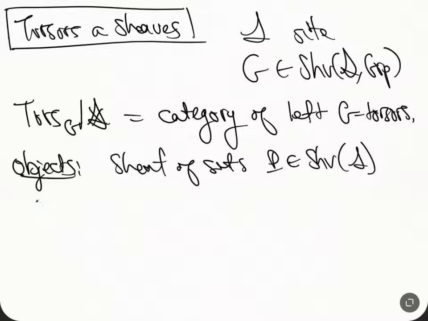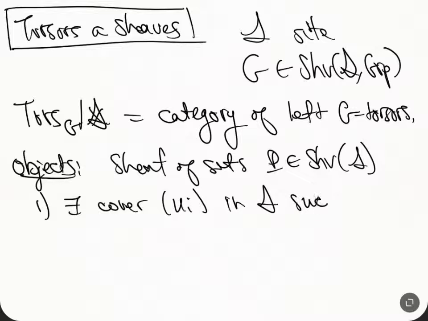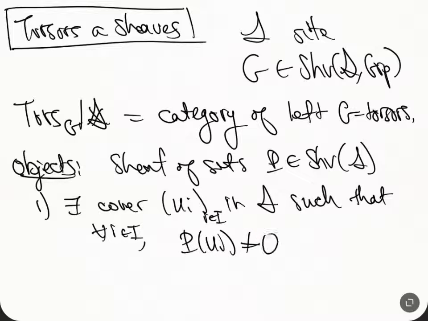One is that there exists a cover in S such that for all i, this thing P(U_i) is not empty. Without this condition, it's sometimes called a pseudo-torsor.